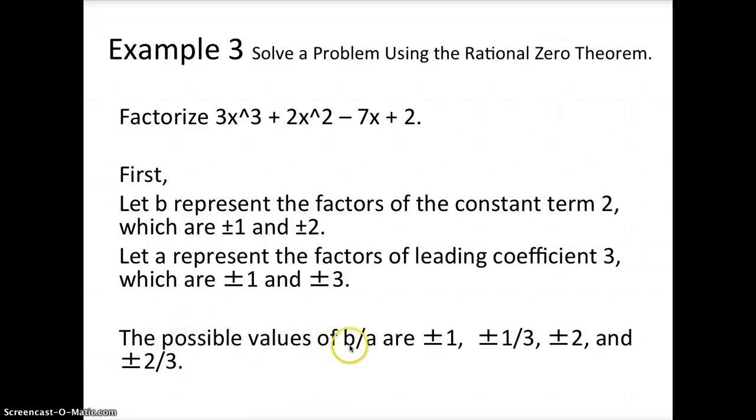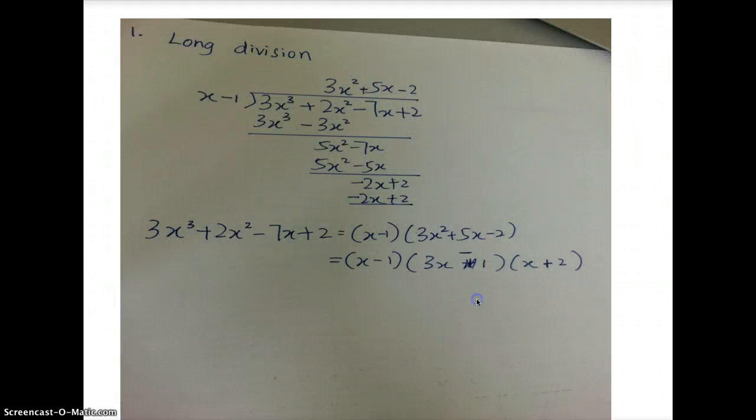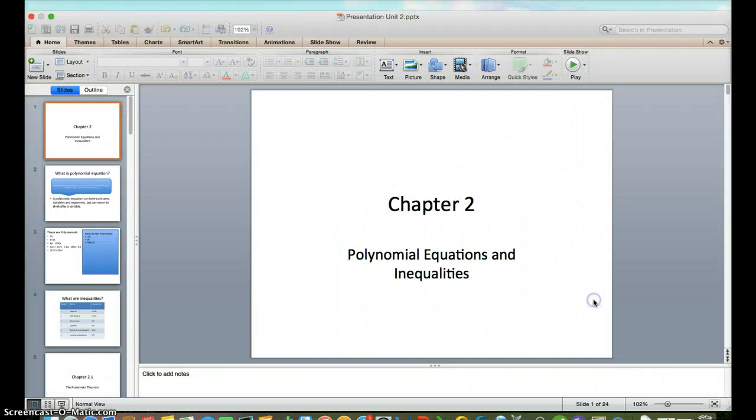The possible values of b over a are plus or minus 1, plus or minus 1 over 3, plus or minus 2, and plus or minus 2 over 3. Then test the possible value 1 and we get 0, therefore x minus 1 is a factor of p(x). Then we can use long division to factorize and factorize fully, the same as in the previous example. That's all.